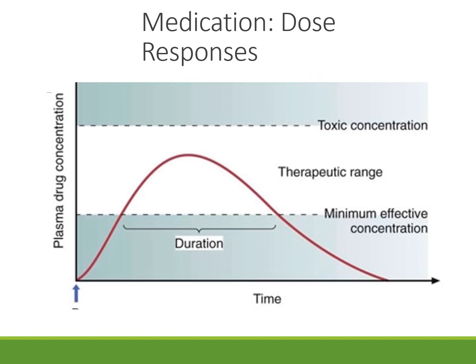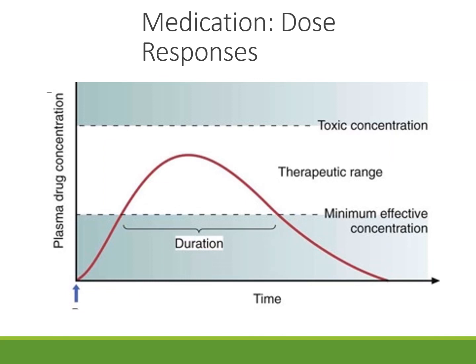So this particular slide is a graphical presentation of a certain medication as far as the dose response is concerned. As you can see here on the left side, plasma drug concentration refers to the level of the drug in the patient's blood.